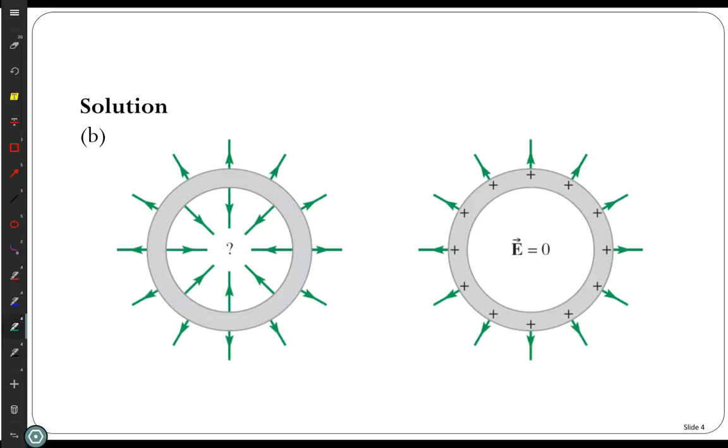To maintain the spherical symmetry, they'd have to come together at the center. But the electric field lines start and end at charges or infinity. We can't have them all merge here at one point that's not a charge. And so logically, you are prone to say, well, then we can't have an electric field, but that's not a real reason. So here's the real reason.